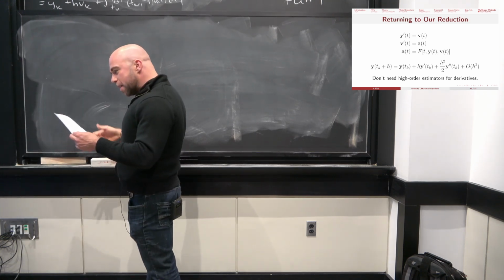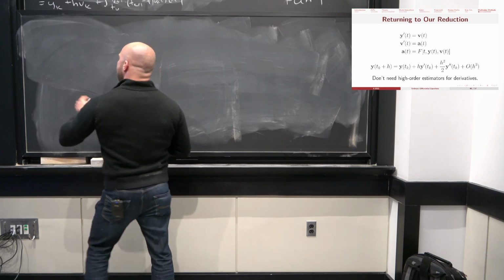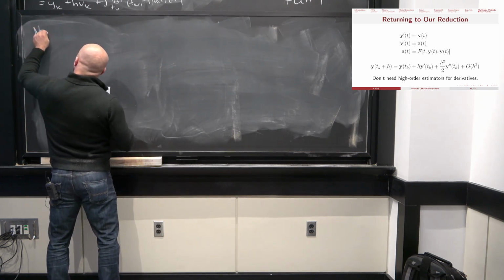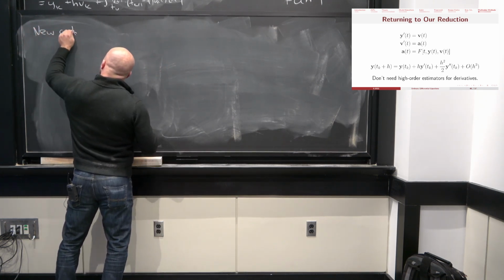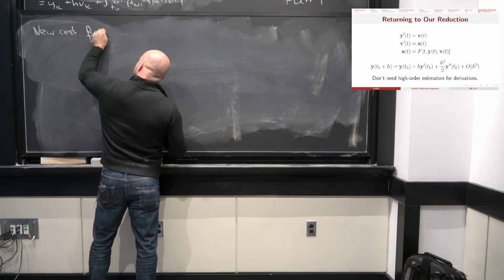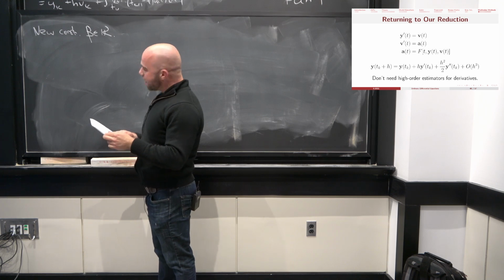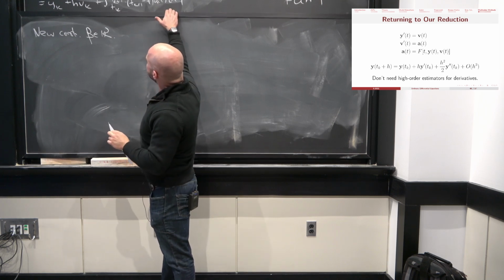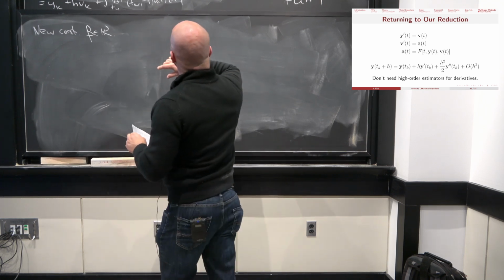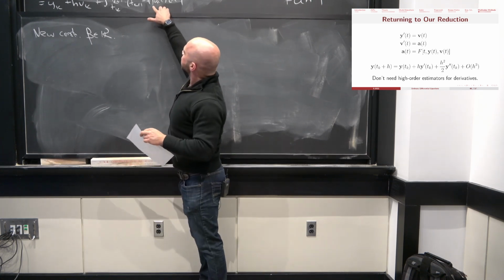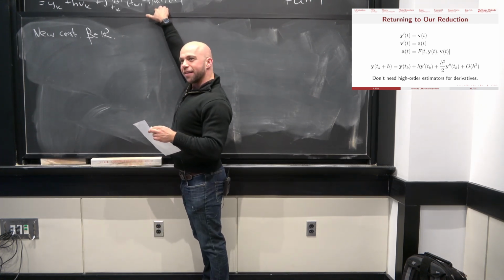So in particular, now we're going to have a new constant, which we're going to call beta, and it can also be any real number. Okay? And now, if we go back to our formula that we derived up here, remember that at the end of the day, we have this funny integral of t against a of t.